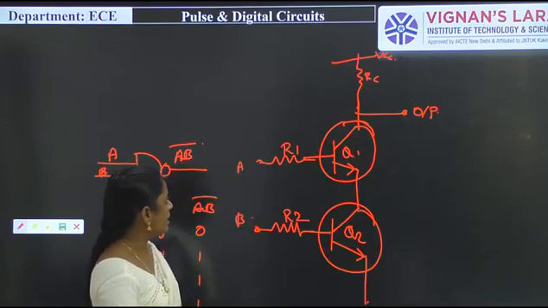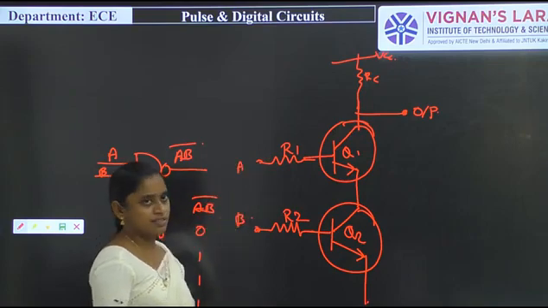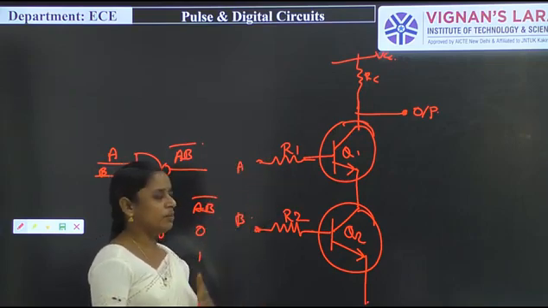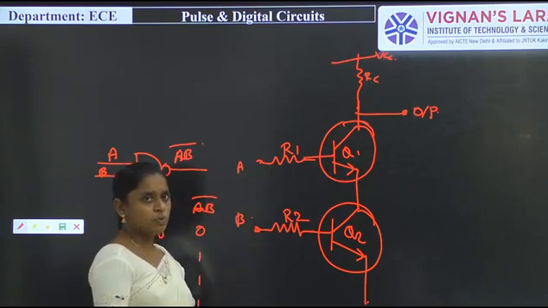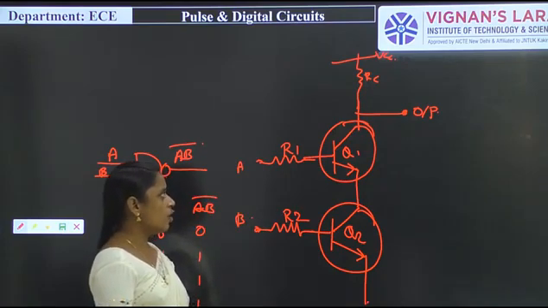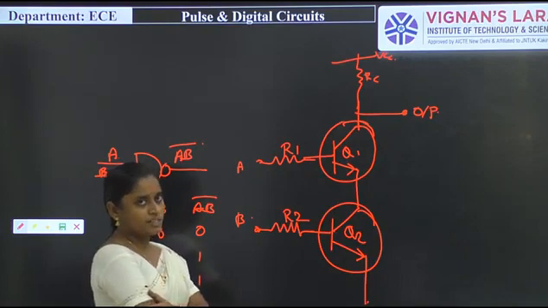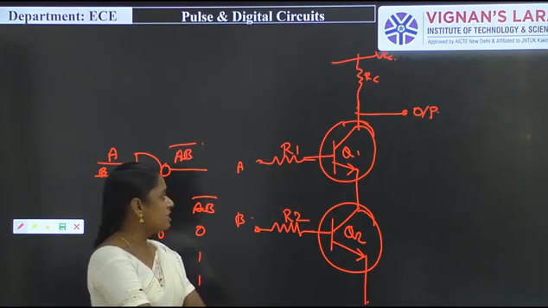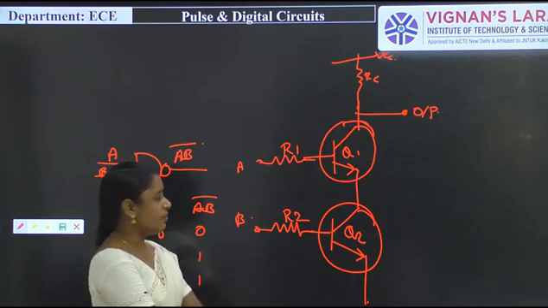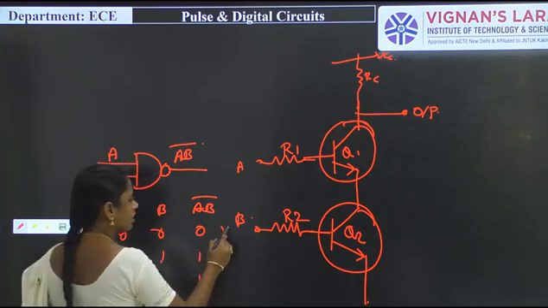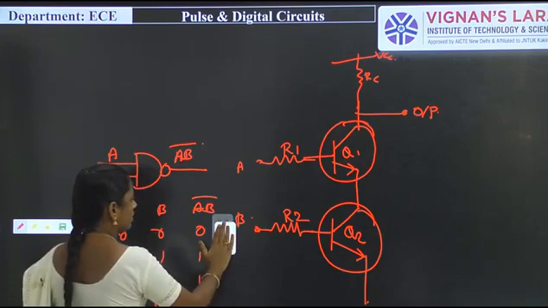So first I am applying 0 volts and 0 volts to this transistor. Obviously both the transistors are in off condition, then what happens to the output? Since both the transistors are off, they can be replaced with an open switch. So that's why the output will be VCC.